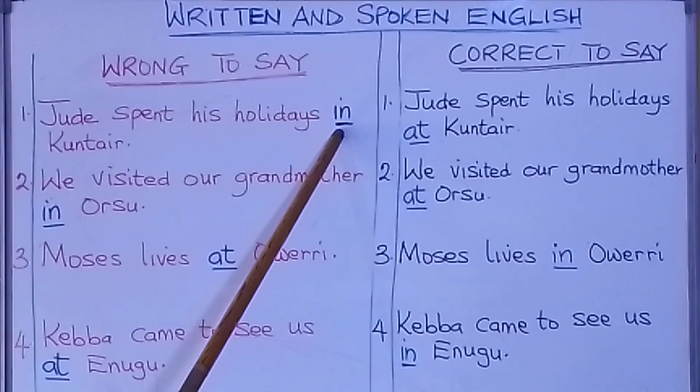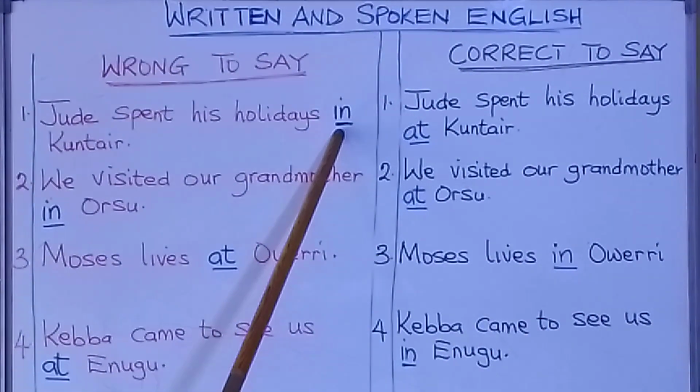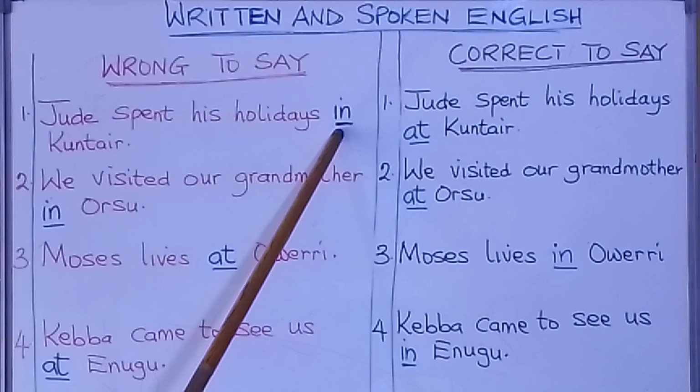So, before you use names of countries and large cities, you put in. Let me repeat that. In is generally used before the names of countries and large cities.